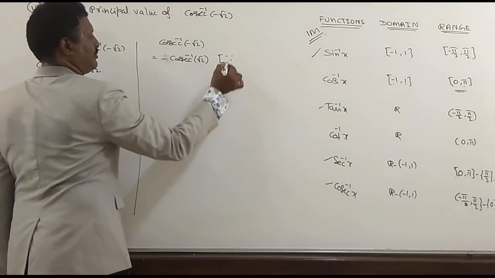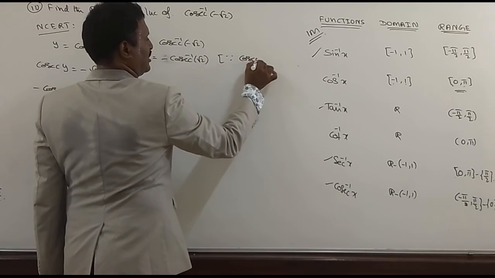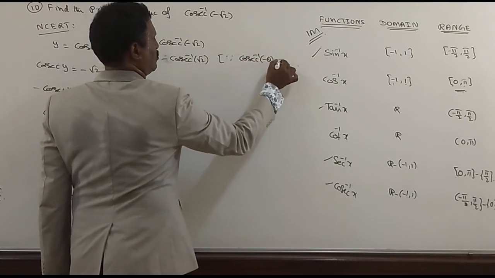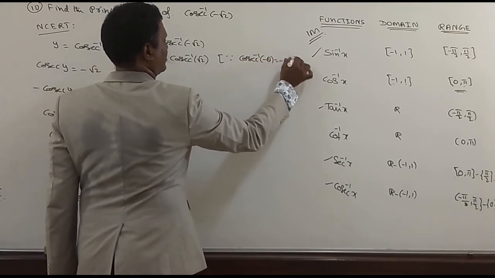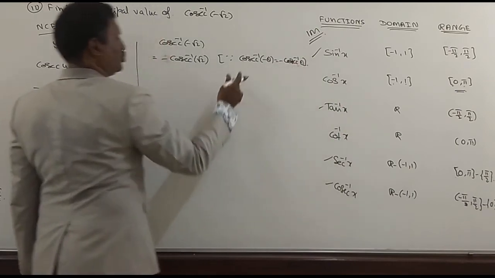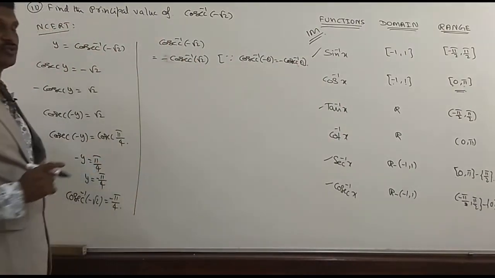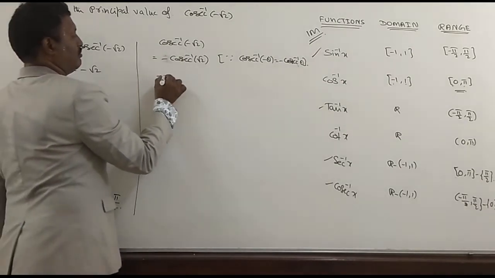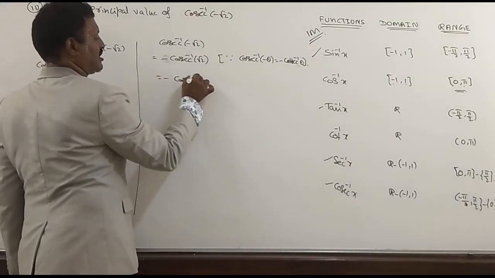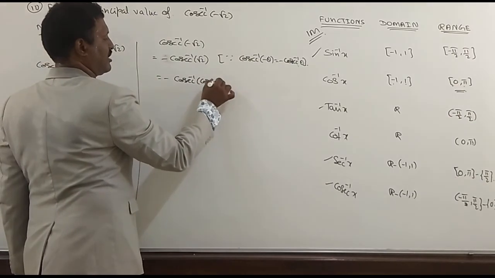There is a formula we proved already. Cosecant inverse of minus theta is equal to minus cosecant inverse theta. We proved already. So using that cosecant inverse of minus theta, what we can write? Minus cosecant inverse theta. Now minus cosecant inverse of root 2 we can write cosecant pi by 4.